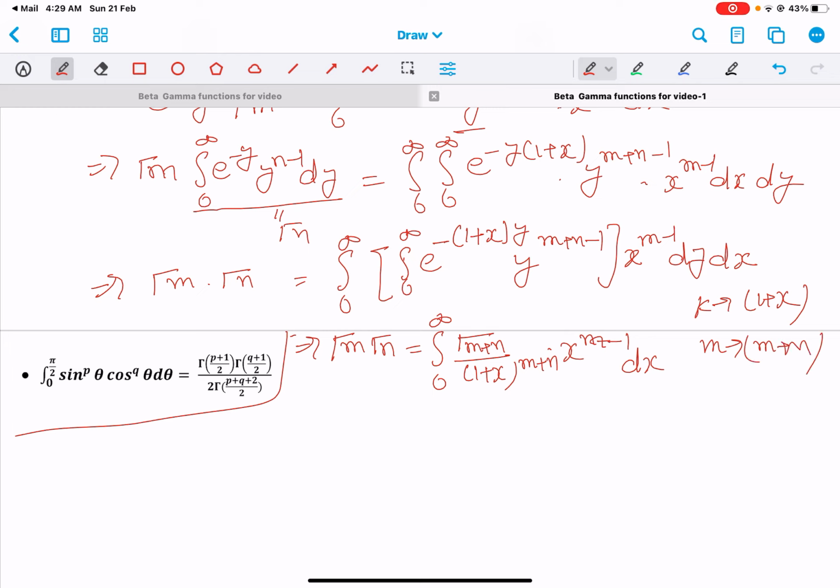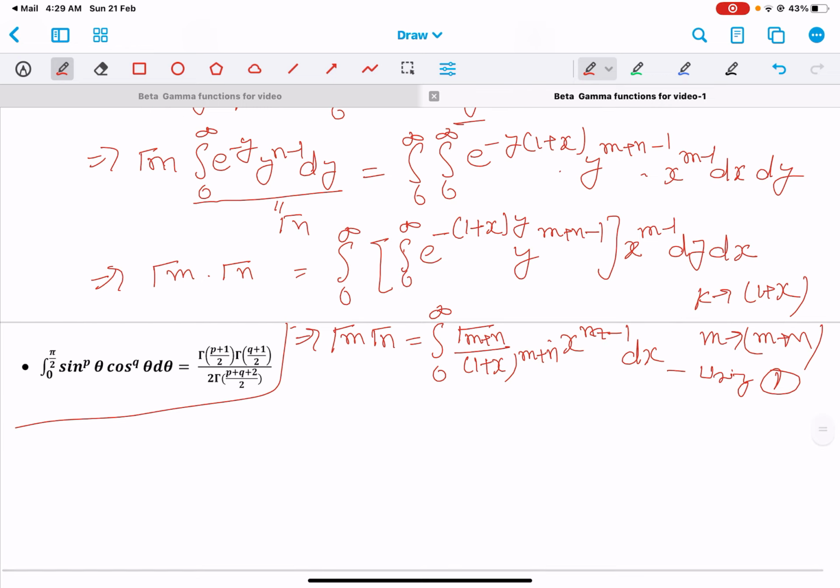So using expression 1, I get this result. Just transferring gamma m plus n to the left hand side, what do I get?